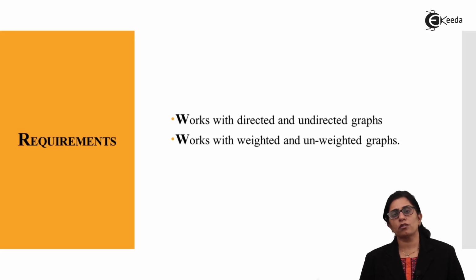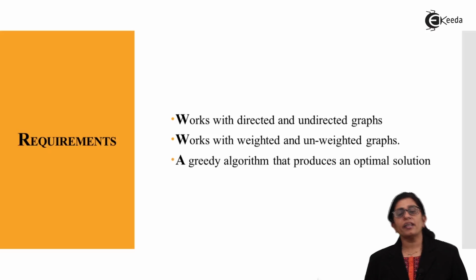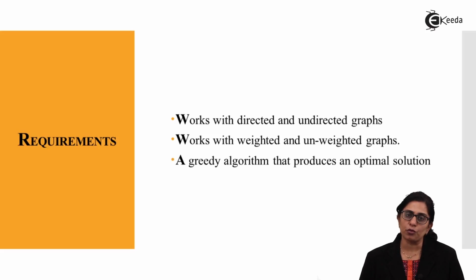It can work for both as it does not have a basic requirement of only the directed and weighted graph. It can work even for undirected and unweighted graph. It is a greedy algorithm that produces an optimal solution, and the optimal solution is produced when we have a directed and a weighted graph. This is the basic requirement of the Dijkstra algorithm.